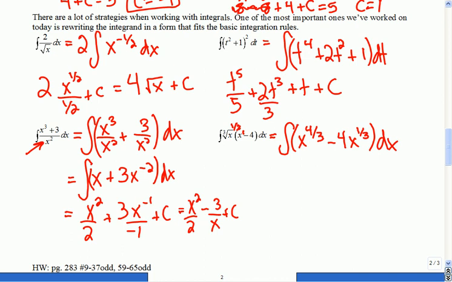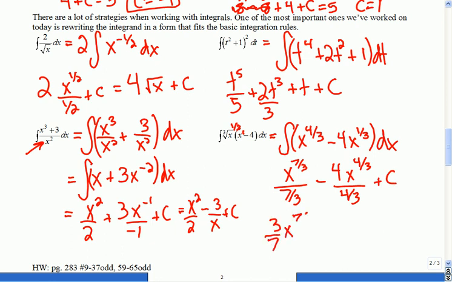So working backwards, it's going to be x to the 7 thirds divided by 7 thirds minus 4x to the 4 thirds over 4 thirds plus a constant. And so after I tidy it up, I should end up with this.